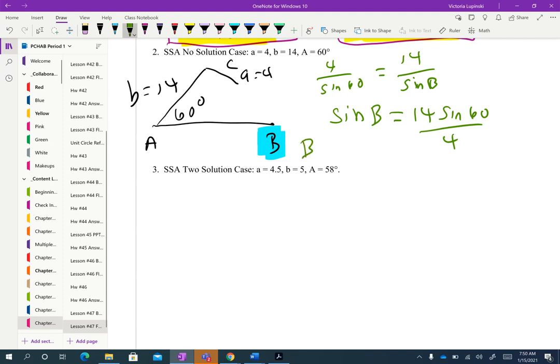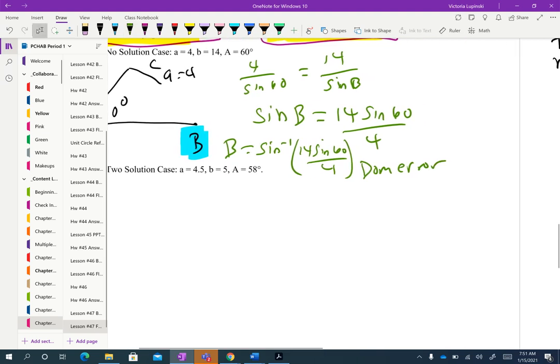If you try to take the inverse sine of 14 sine of 60 over 4, your calculator is going to say domain error. And here's why. If you calculate 14 sine of 60 over 4, that is actually equal to 3.031.